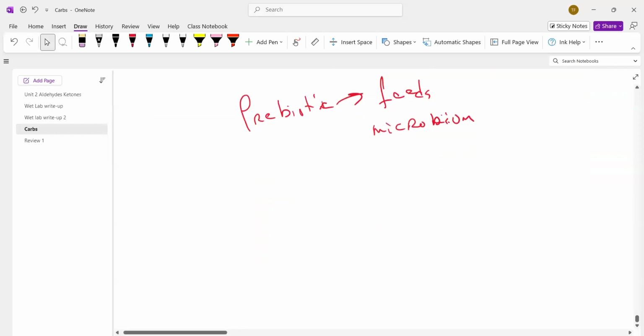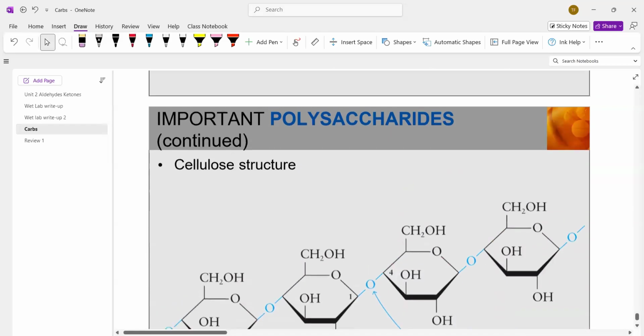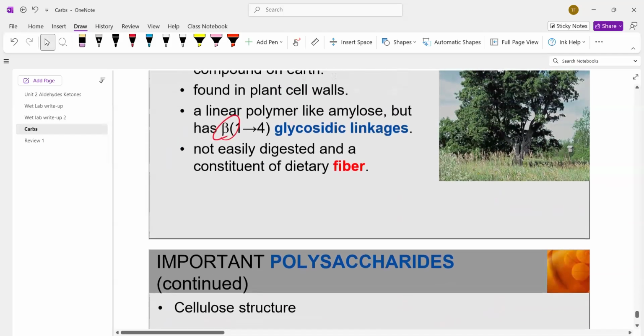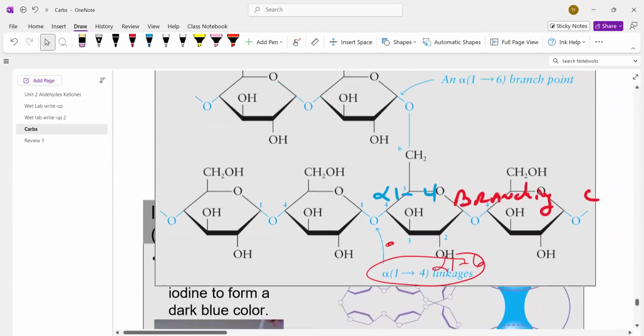Okay, so that is it on carbs and aldehydes and ketones. Now, the thing I want to stress is the reactions are not hard. What makes them complex are the structures.